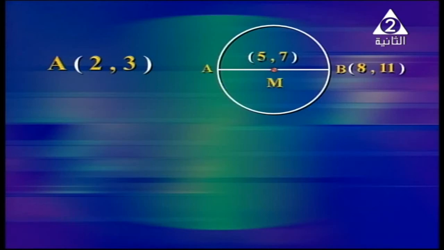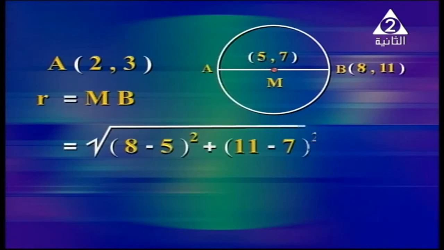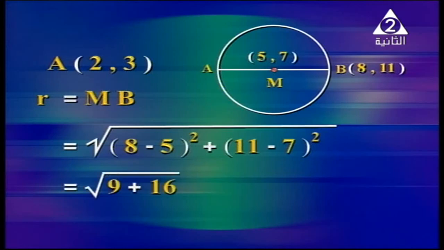So MB equals square root of (8 minus 5) all to the power of 2 plus (11 minus 7) all to the power of 2 to obtain a result as root of 9 plus 16, which is equal to 5 units. And here we can say that the length of the radius will be 5 units.